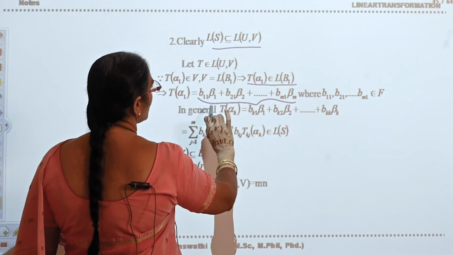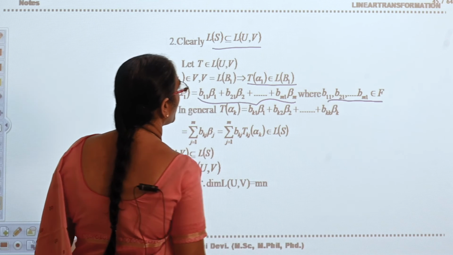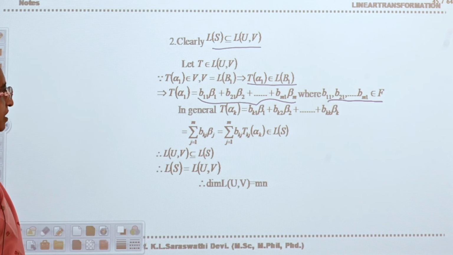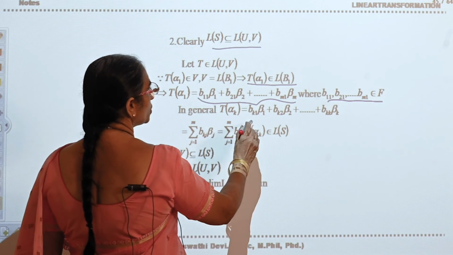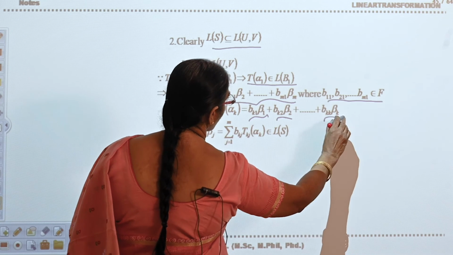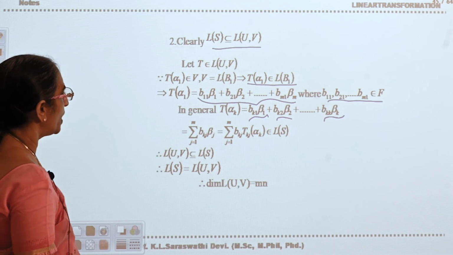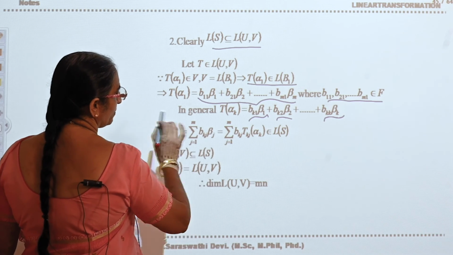So, b11 beta 1, b21 beta 2 and so on, where these constants belong to F. In general, you can write T of alpha k is equal to bk1 beta 1, bk2 beta 2, bkm beta m. Now, this is sigma j is equal to 1 to m bkj beta j.